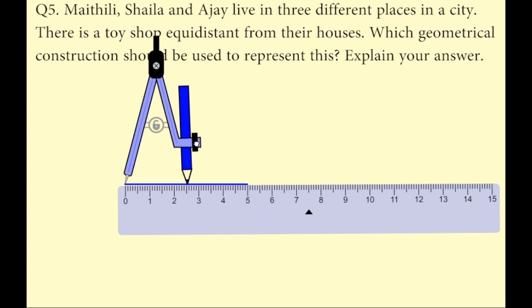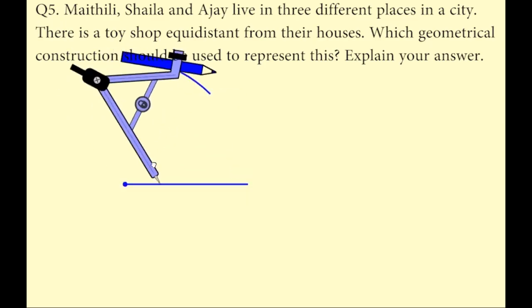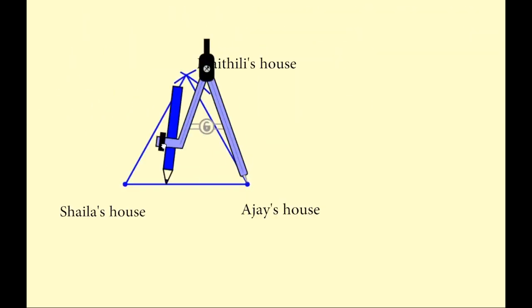So consider the position of the 3 houses as 3 points. Now we will make a triangle. Now name it as Maithili's house, Shaila's house and Ajay's house.